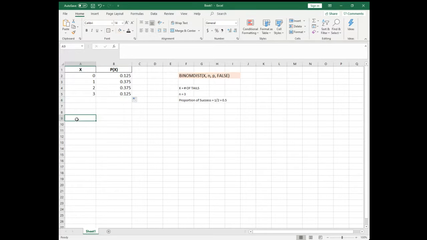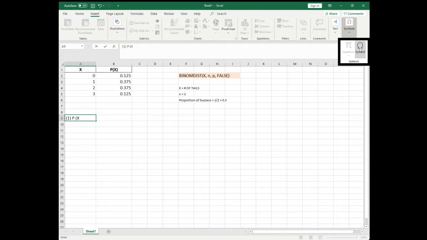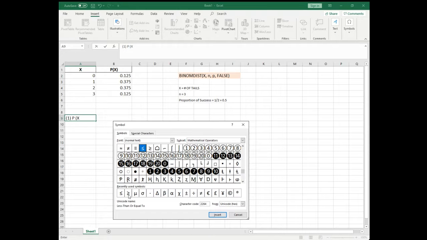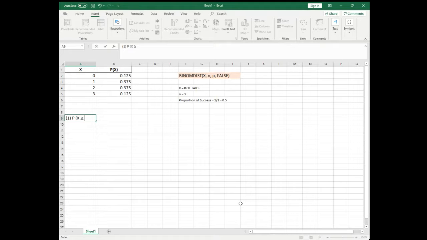My first question is, what's the probability when x is greater than or equal to 0? Okay, so what do you think I should do? Find the probability when x is greater than or equal to 0.